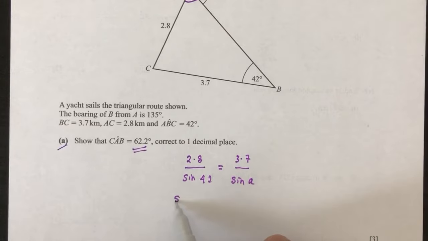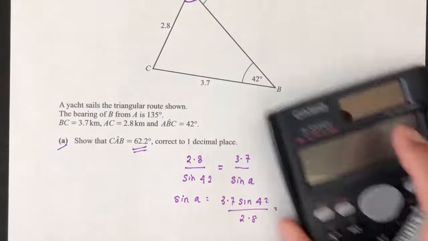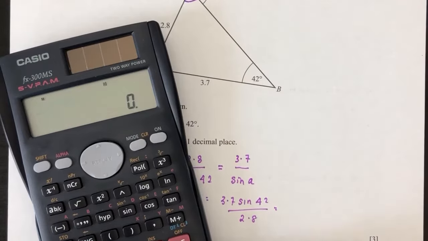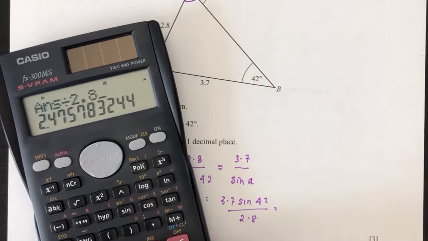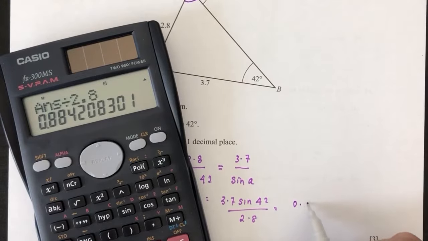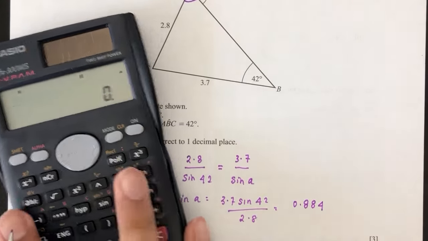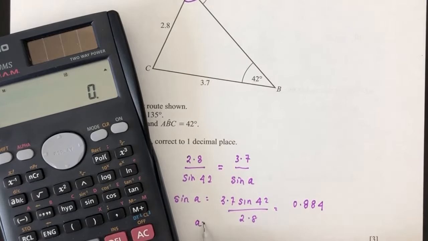So cross multiply, you will have sine A equal to 3.7 sine 42 divided by 2.8. Now if you simplify this, that will be 0.884. Now you have to find A. A will be the sine inverse of this answer.